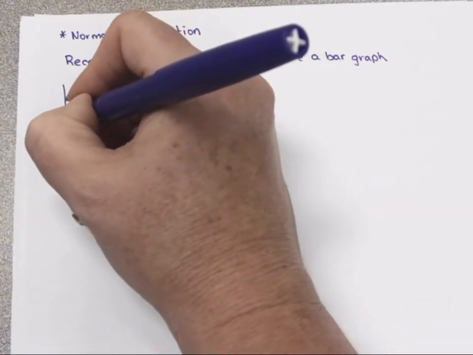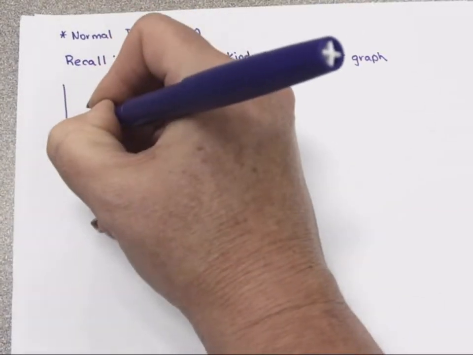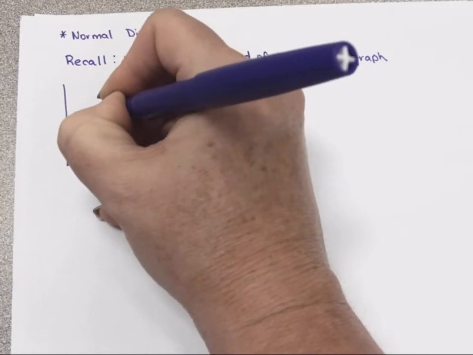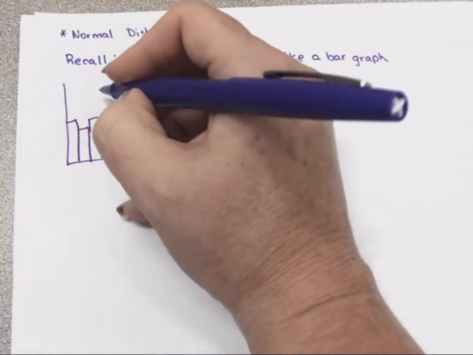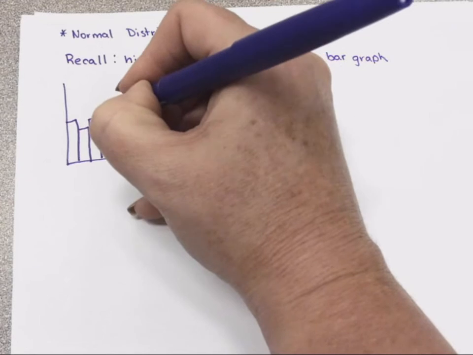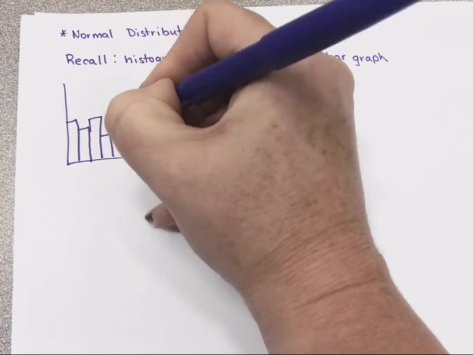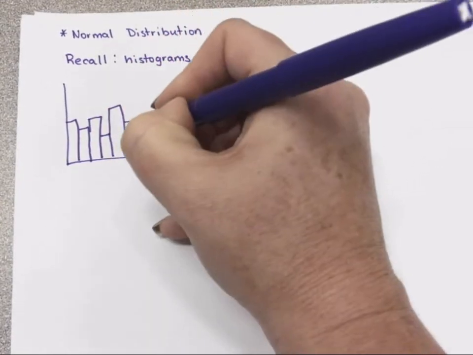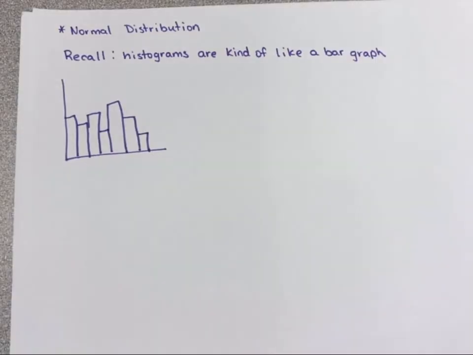So let's draw a histogram where it just looks like kind of the bars are different heights. I don't really care about it having any sort of pattern. So yours doesn't need to look just like mine. Just try to vary the height of the bars.